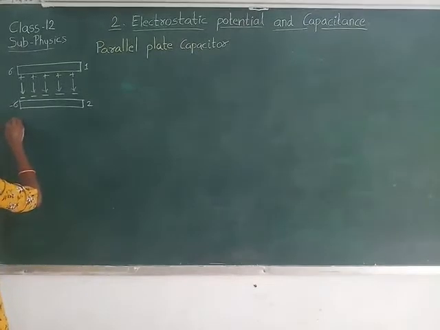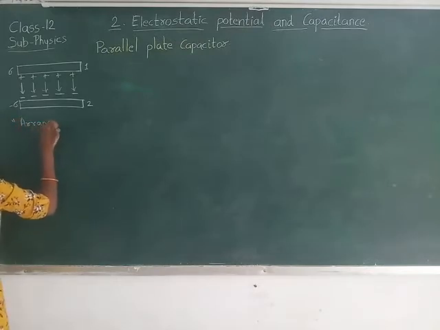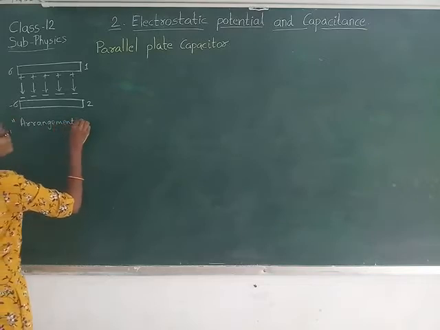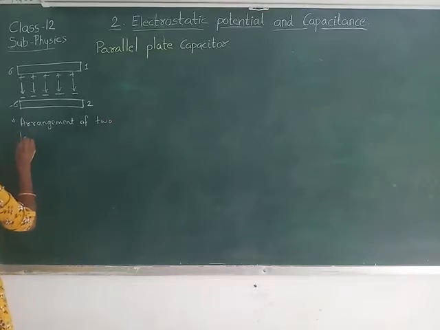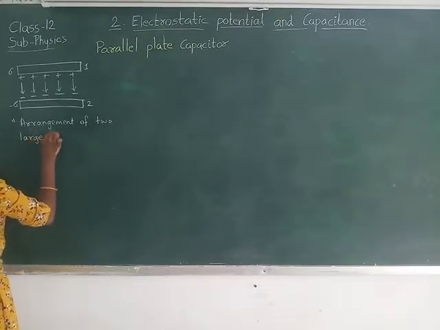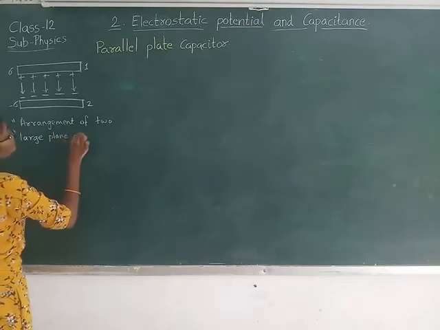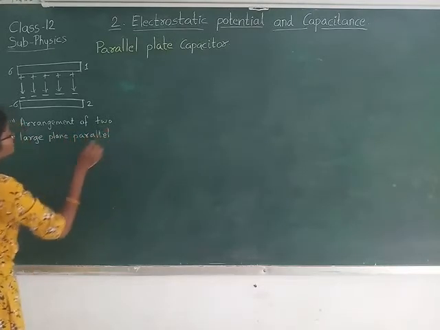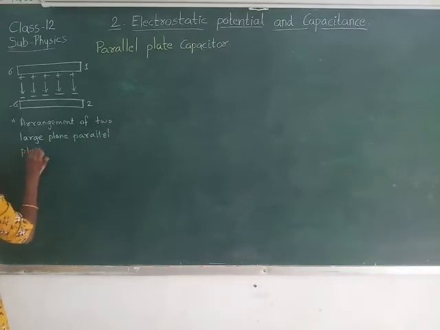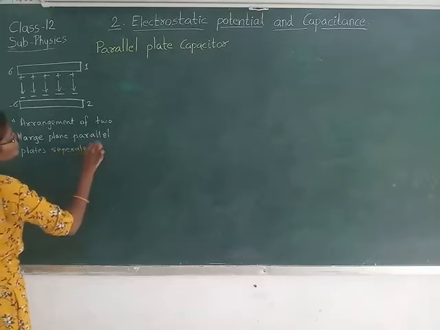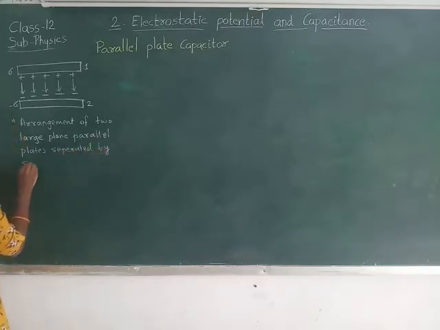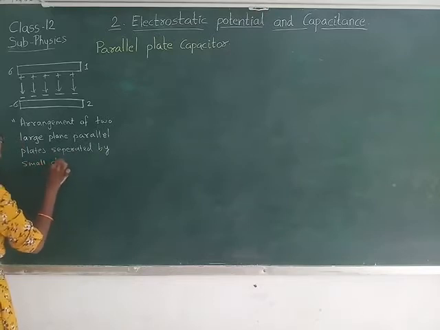So first of all, let us see what is a parallel plate capacitor. Let us write the definition of that. It is nothing but an arrangement of two large plain parallel plates separated by a small distance.